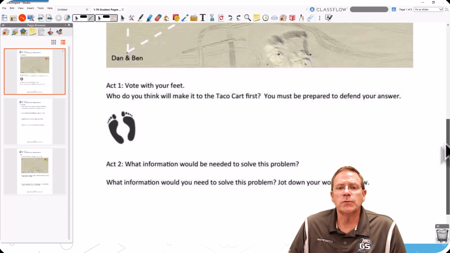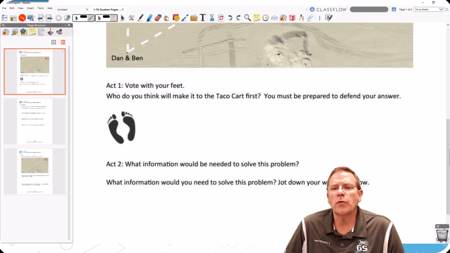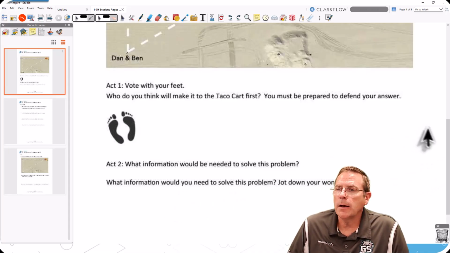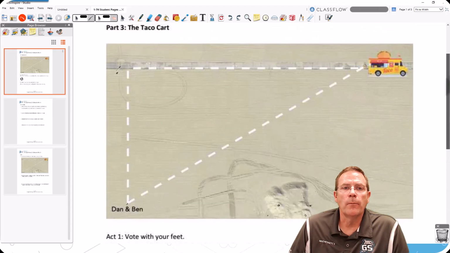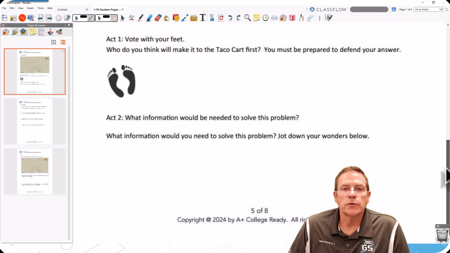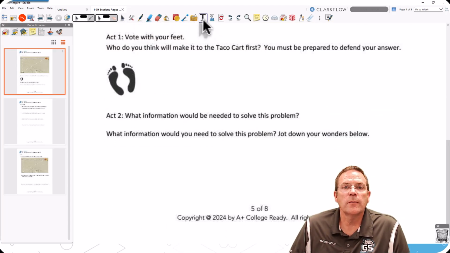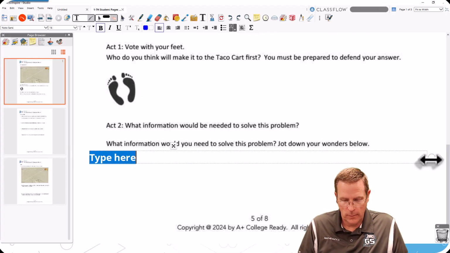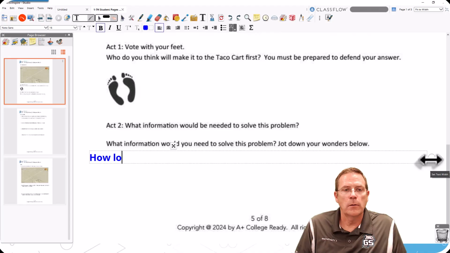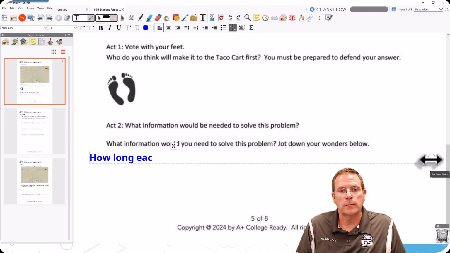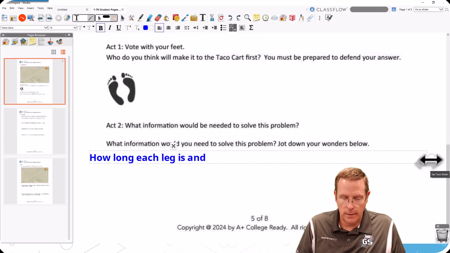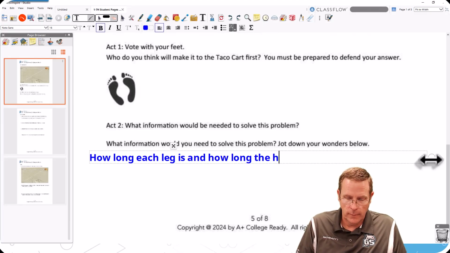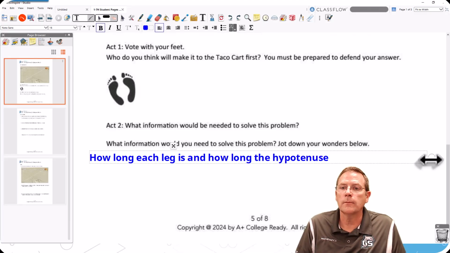But the question is, what do we actually need to know in order to solve this problem? Well, we're going to need to come up with some things that we need to know. We're going to need to know, for starters, how long each leg is and how long the hypotenuse is.